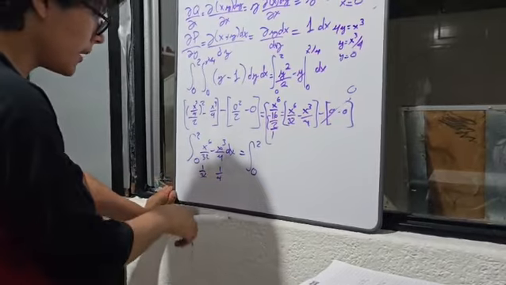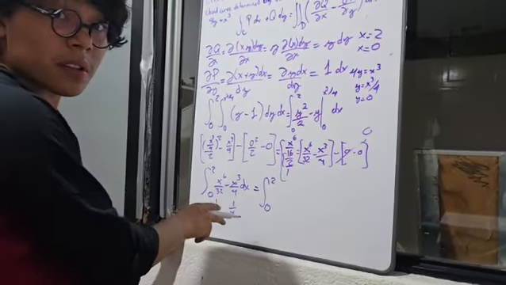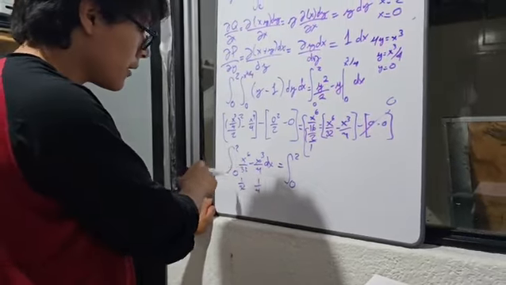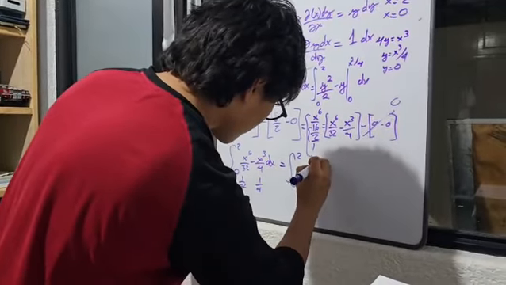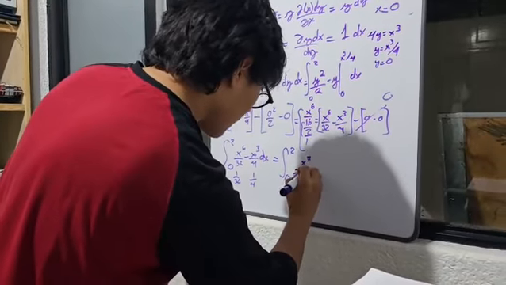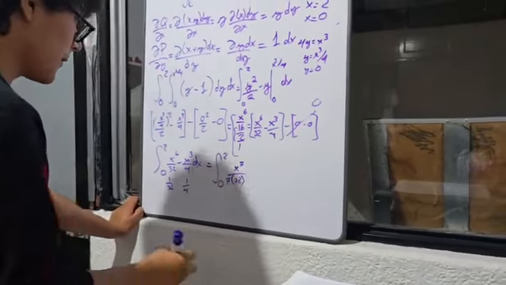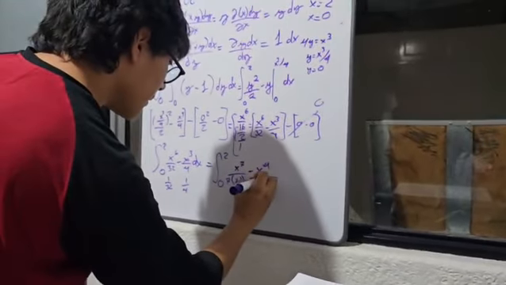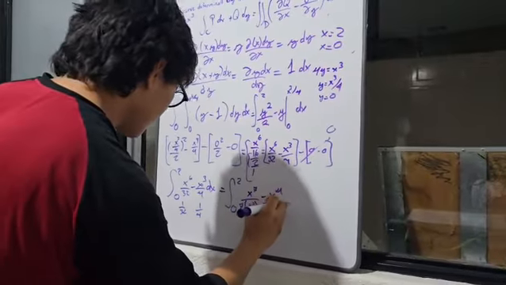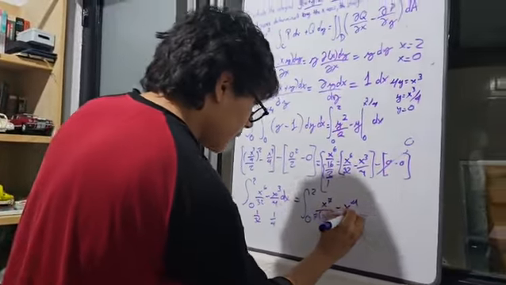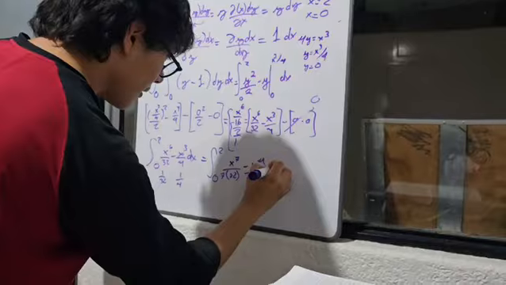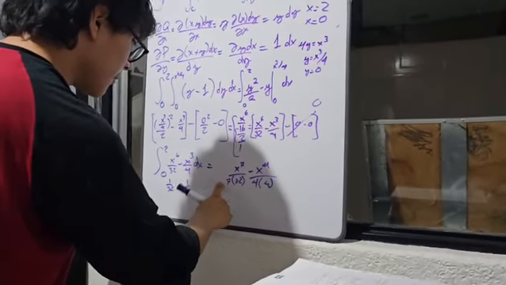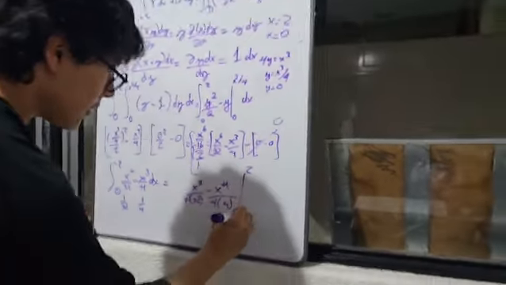We're going to keep them in mind. So the integral of x to the 6 is x to the 7 over 7 times 32. And this one is going to be fairly the same: x to the 4 over 4.